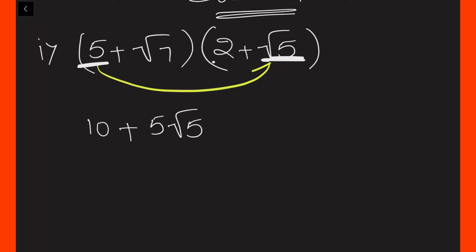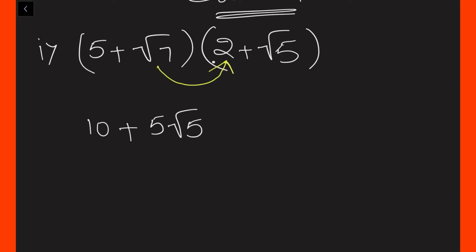Now let us move to the second number. Here we have second number √7 and first number 2, both plus, so plus into plus. √7 into 2 is 2√7.